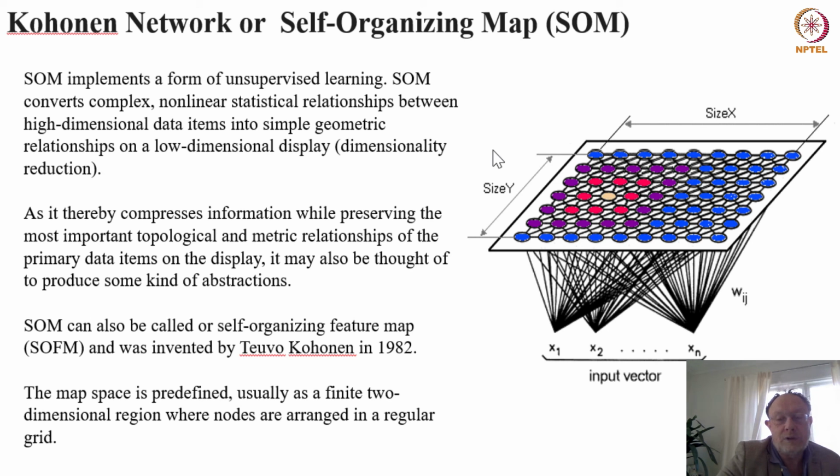One of the results here is dimensionality reduction, as it compresses information while preserving the most important topological and metrical relationships of the primary data on the display. It may also be thought of as a kind of abstraction. It was invented in the 1980s by Teuvo Kohonen in Finland.